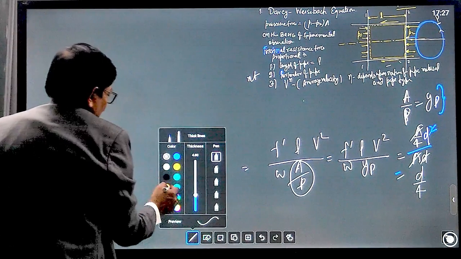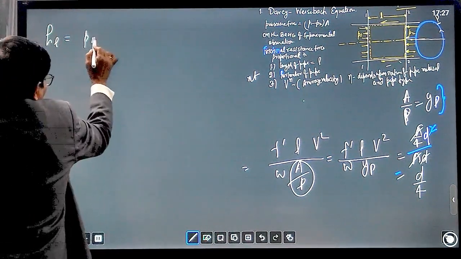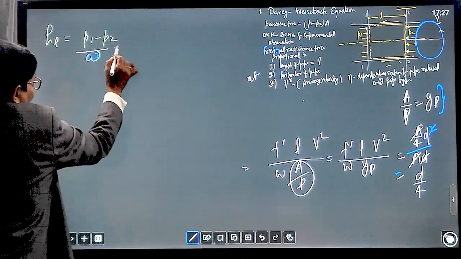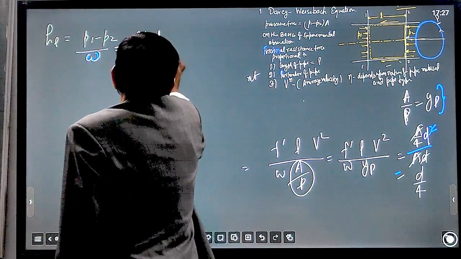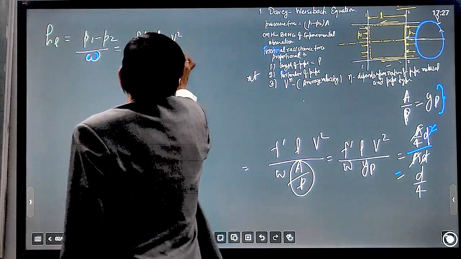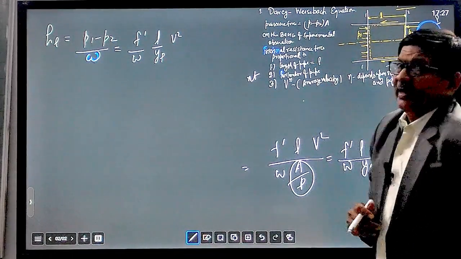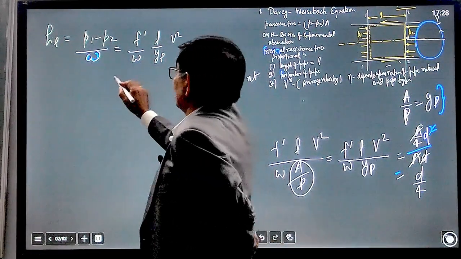So let us write head loss h_l equal to (P1 minus P2) upon W, the specific weight, equal to F' L upon Ym times V squared upon W. Now we multiply and divide this equation by 2g.